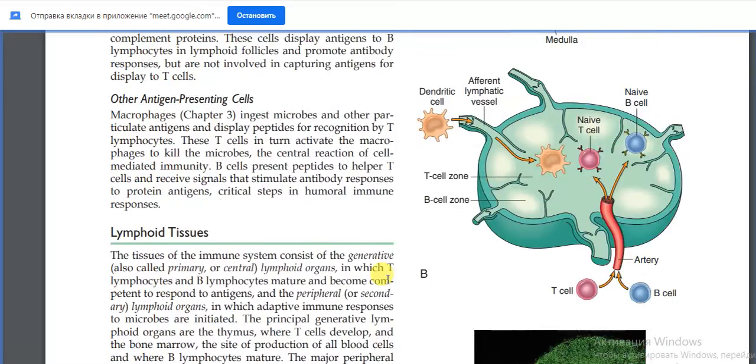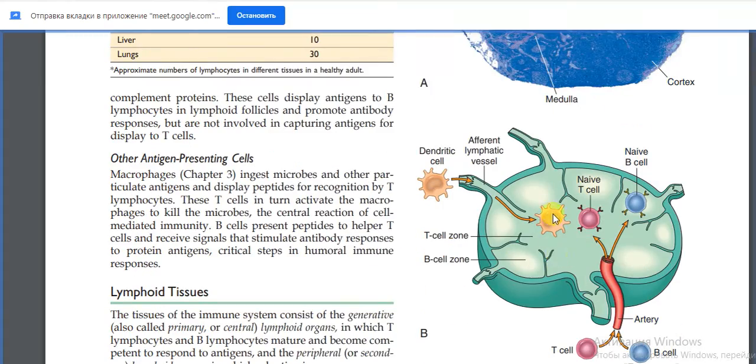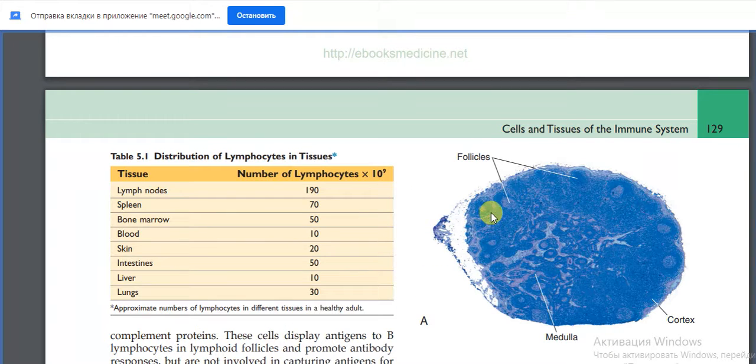Okay, that's how a lymph node looks like. This is a real image. You see, a lymph node is composed of follicles, and inside these follicles we have these white, pale-appearing cells. These pale-appearing regions are known as germinal centers.